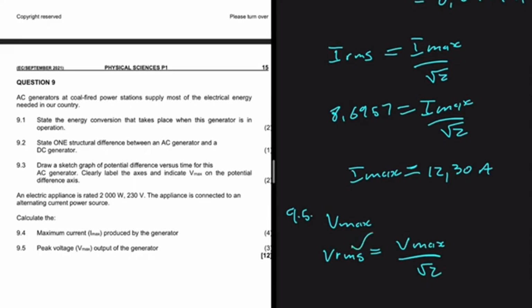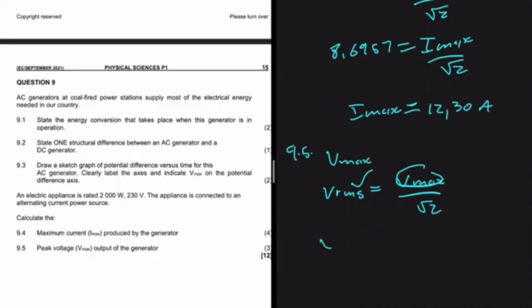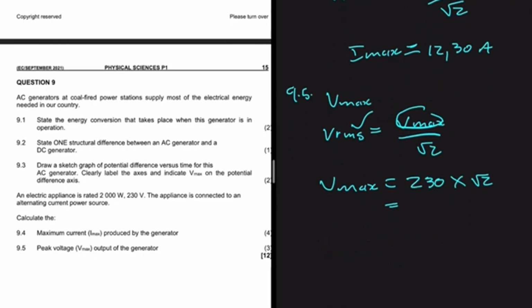We have V RMS, which is 230. Now we're looking for Vmax. So Vmax will be equal to 230 multiplied by the square root of 2. If you do that arithmetic, we get 325.27 volts.